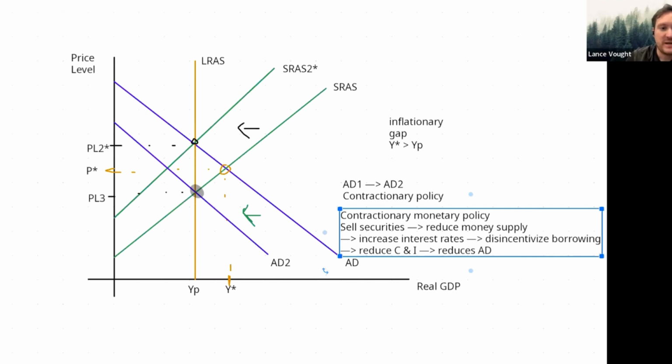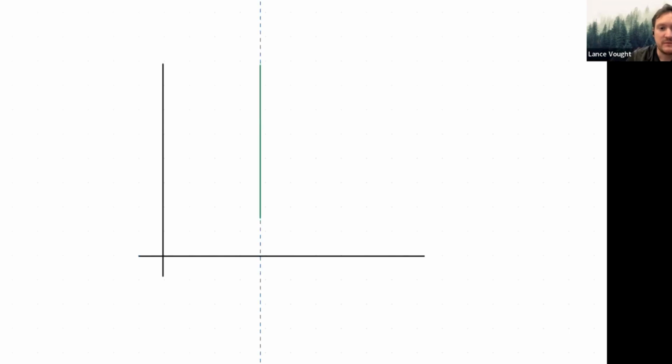So we had a graph that indicated the money supply. We have a vertical line that indicates the money supply curve. So this is MS, which is your money supply. You have money demand, which is downward sloping.